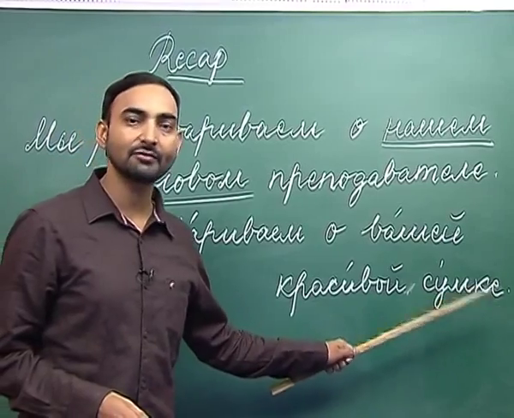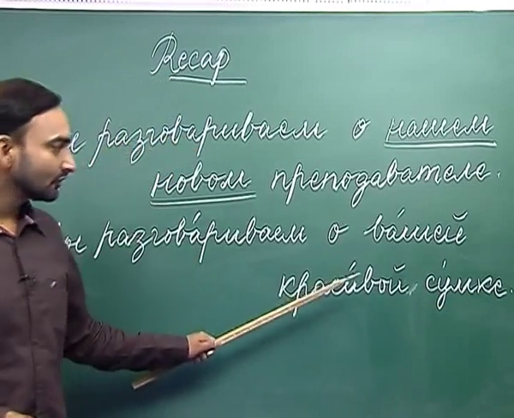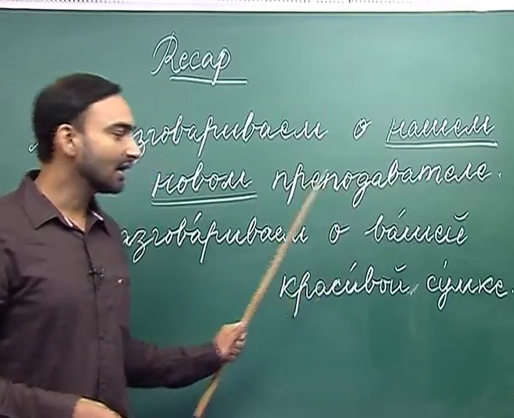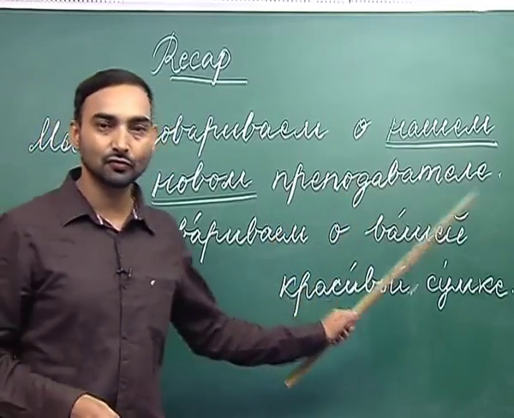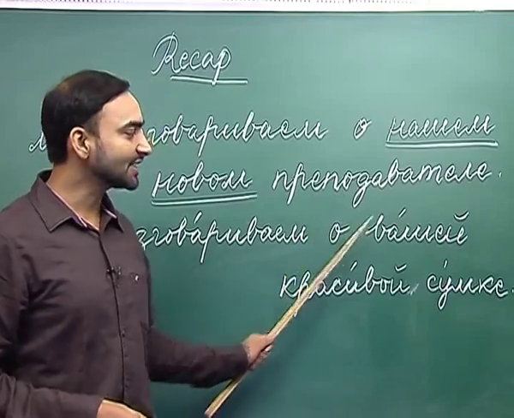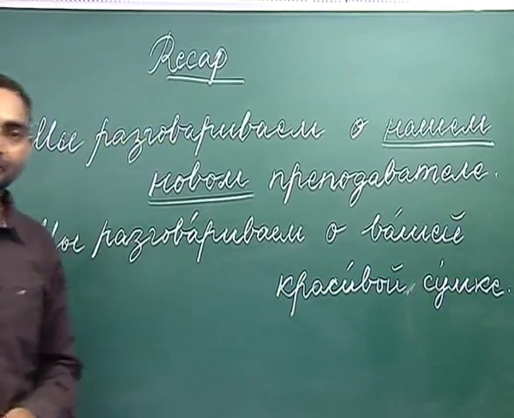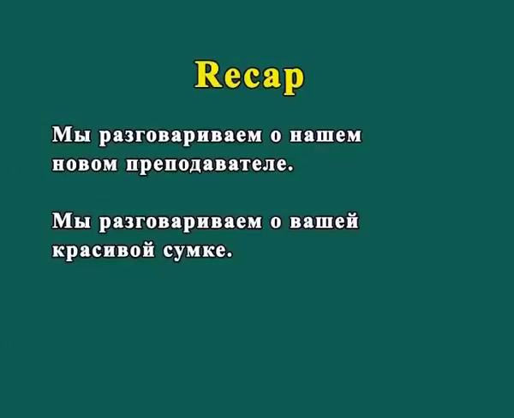Сумка is a feminine gender noun. So, the nominative case form of ваша красивая сумка has become вашей красивой сумке in the prepositional case. So, мы разговариваем о вашей красивой сумке.